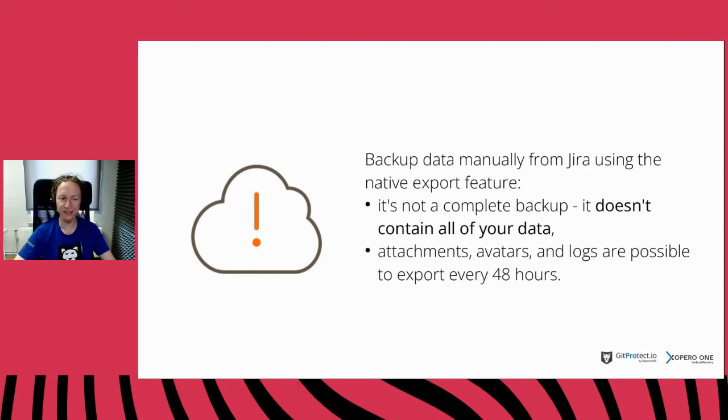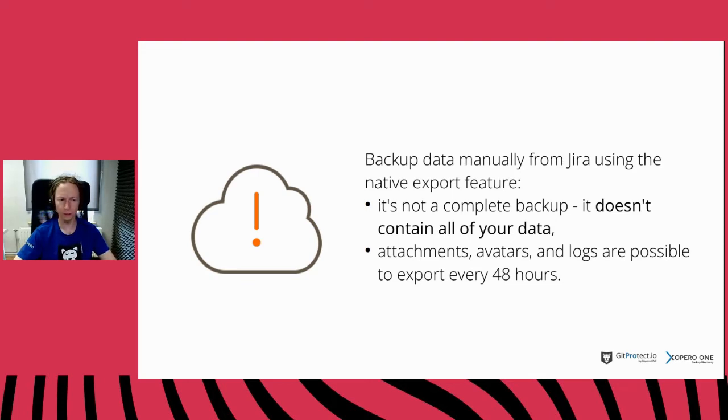You can easily log into your Jira instance and, through the admin panel, export your Jira instance. You'll receive an XML and zip file which contains all information that is stored on your instance. Did I say all information? Oh, it's not true, because this backup is not a complete one and doesn't contain all of your data.